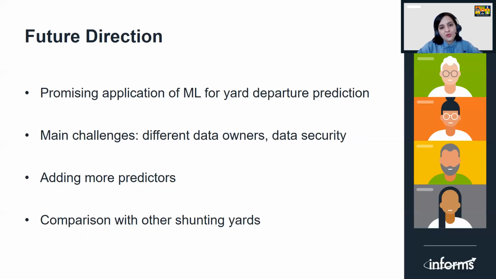But what we are going to do is to add more data, which can include more predictors, like weather data or some other operational data. And the other step is to make a comparison, to generalize, to see if with other yard layouts we can achieve better results, or how different yards can have different results.